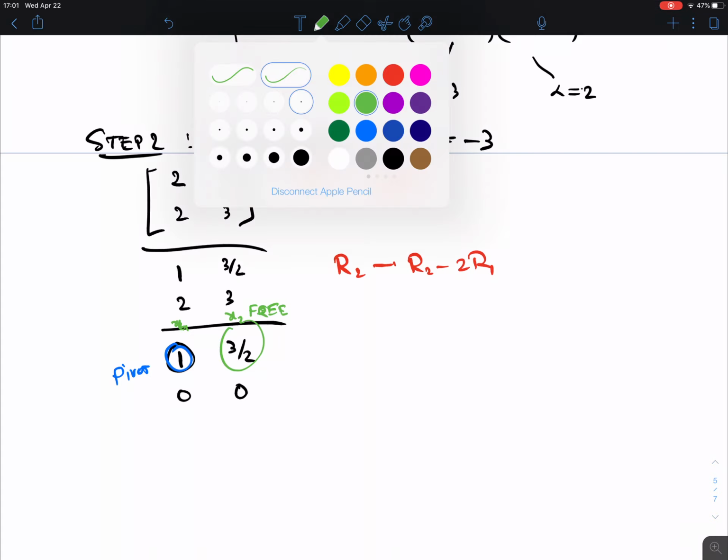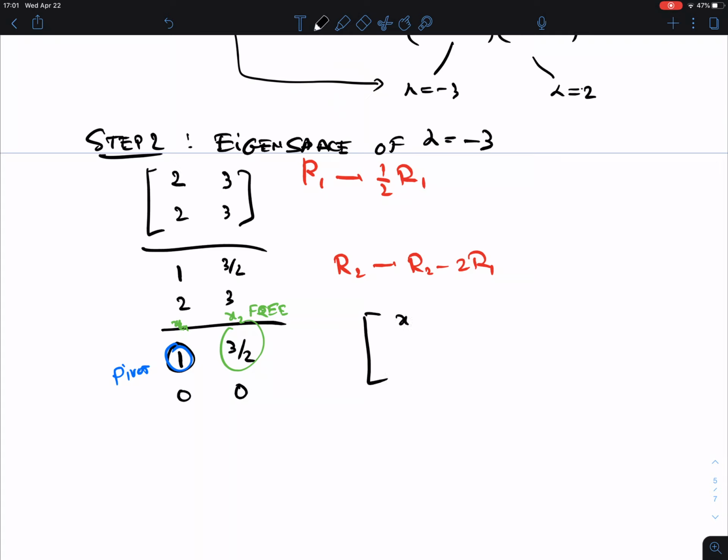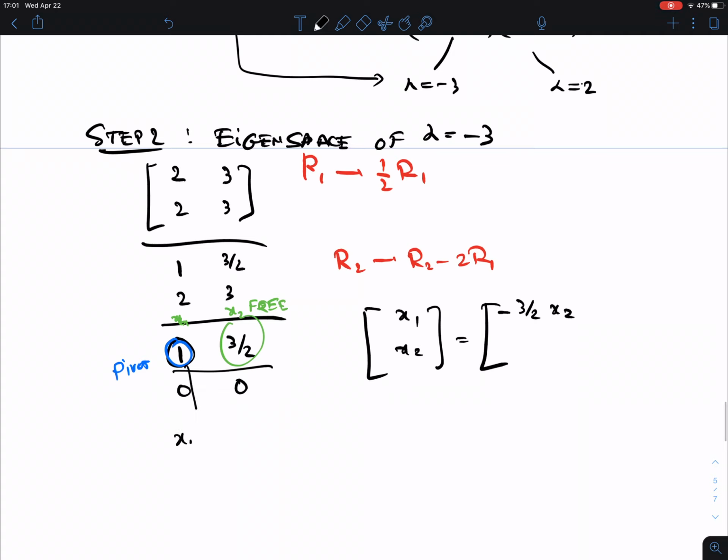So I can write down the solution. x1, x2 is equal to, x1 is equal to, well, this is the equation that tells me what x1 is equal to, is this minus 3 halves x2. Remember, this means x1 plus 3 halves x2 equals 0, right? So that's why I have to bring this to the other side, and that's why I get a negative here. And then x2 is just itself. We factor out x2, and we have minus 3 half, 1.